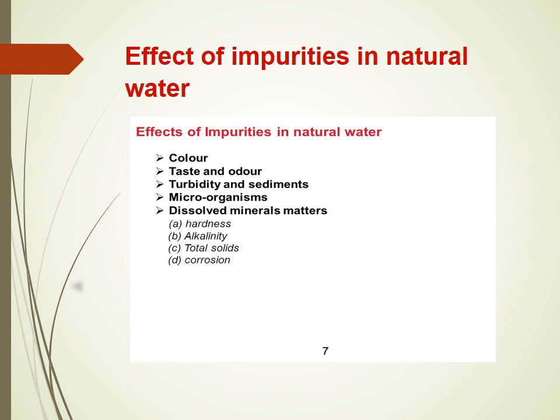So you know that basically we determine the corrosive property of the water with the help of the pH of the water, because the more acidic the water is, the more corrosive it is.